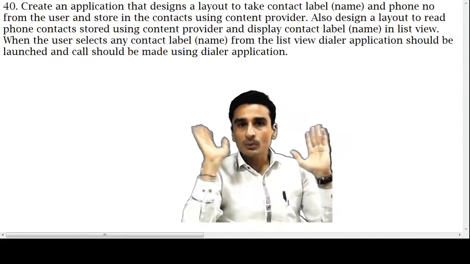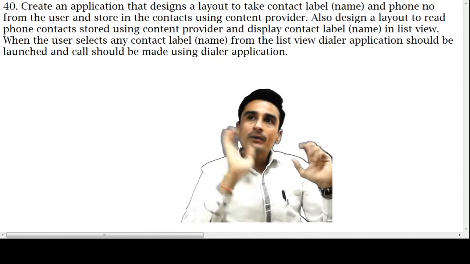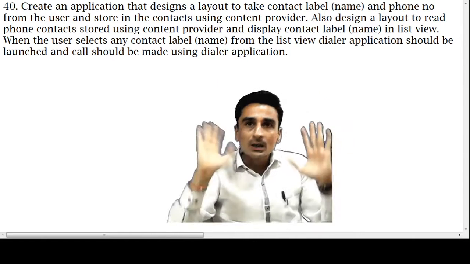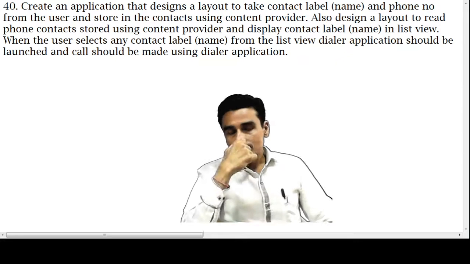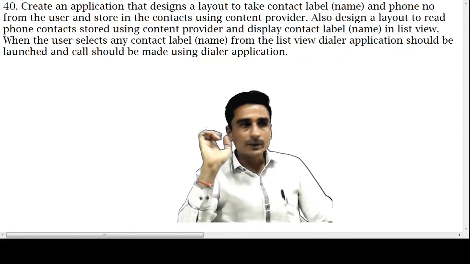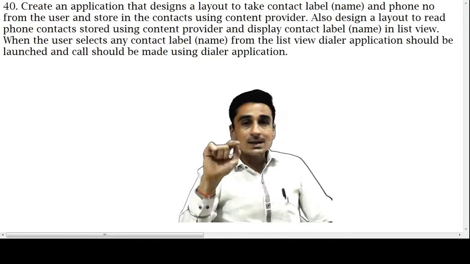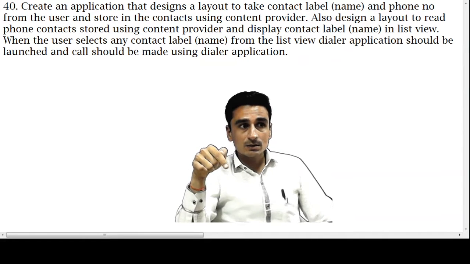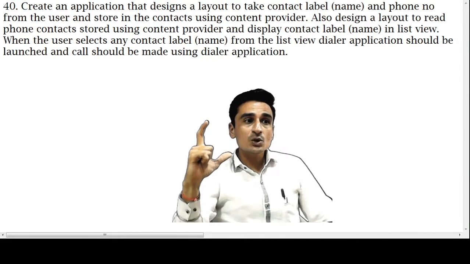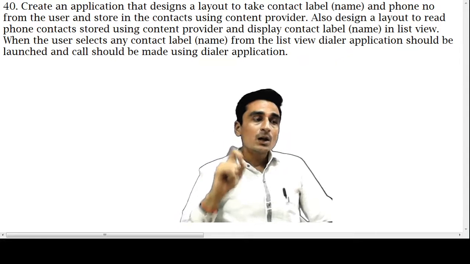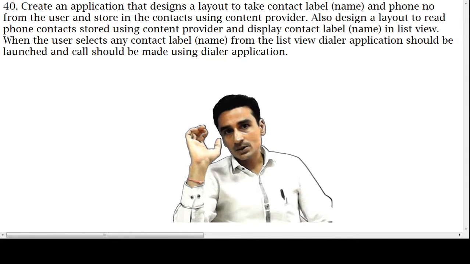We are not supposed to show the number, we just need to show the names of the contacts. Only one column. When the user selects any contact label in the list, dialer application should be launched and calls should be made using dialer application.